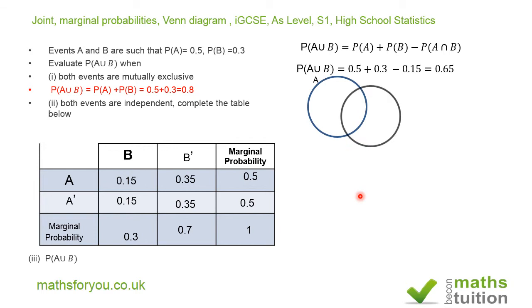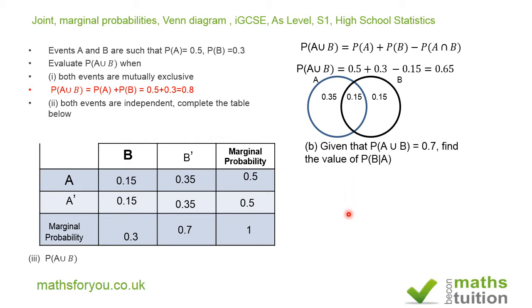Now I've got a Venn diagram which is not quite complete. We have 0.35, 0.15, and 0.15 there. That's in the table.